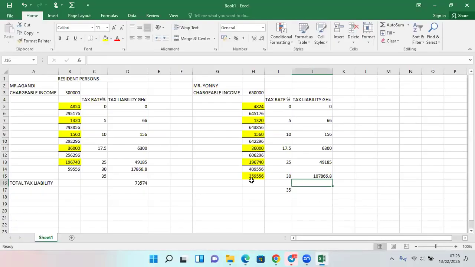All right, so now you can see that it's left with 50,000 here. And that 50,000 will be sent to the next one.